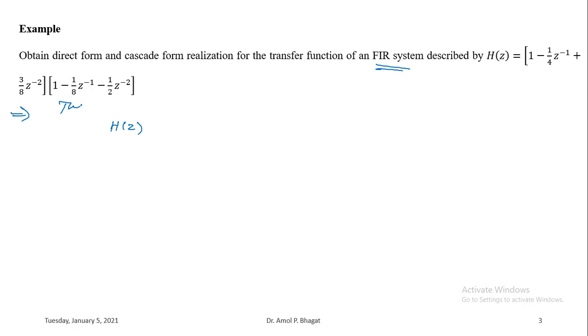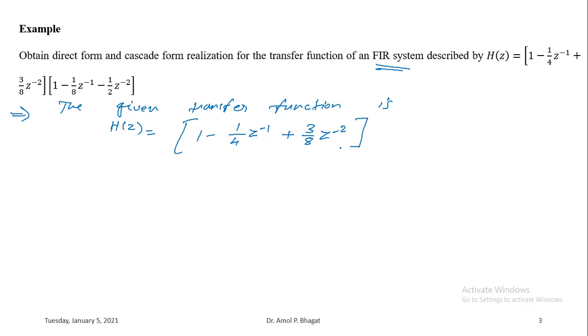I will write here the given transfer function or system function: H of z equals bracket 1 minus 1 by 4 z inverse plus 3 by 8 z to the power minus 2, another bracket 1 minus 1 by 8 z inverse minus 1 by 2 z to the power minus 2.